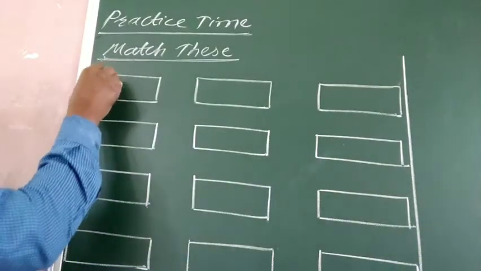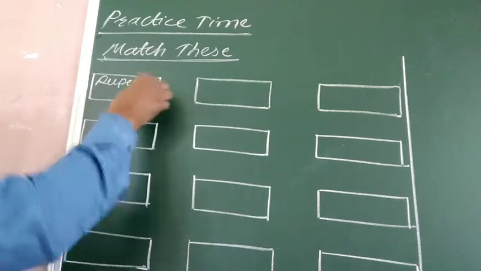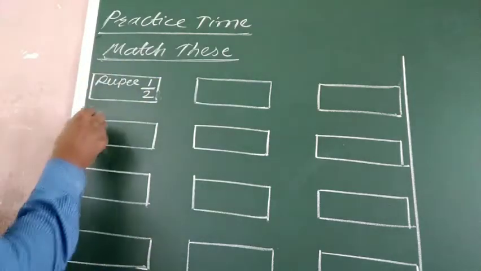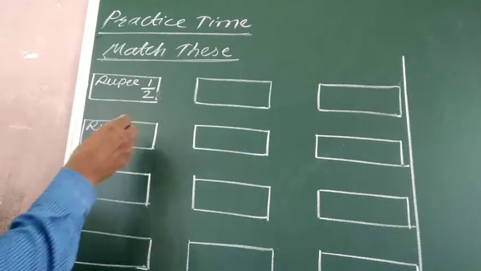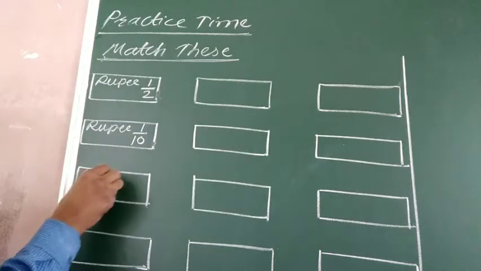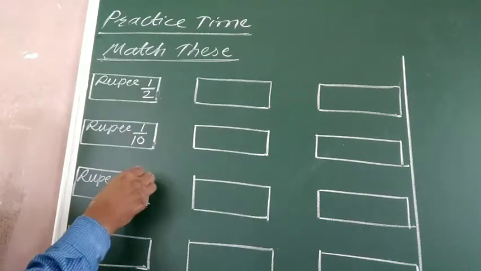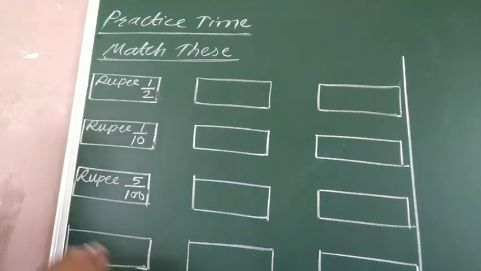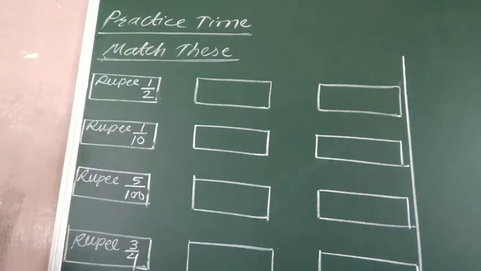See here, some information is given. It is rupee 1 by 2, rupee 1 by 10, rupee 5 by 100, rupee 3 by 4, rupee 99 by 100, and rupee 1 by 4.